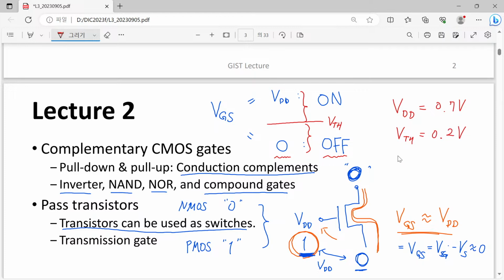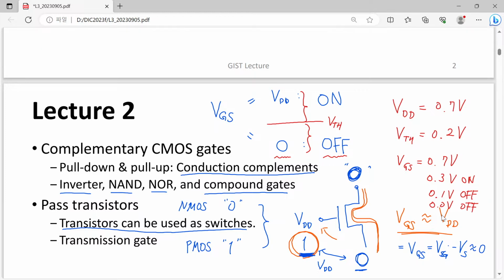Simply speaking, when you have VGS equal to 0.7, your transistor is turned on, and even when you have 0.3 volt, you still have a turned on transistor. However, if you have 0.1 volt as a VGS value, then your transistor is turned off. Of course, at 0.0, there is no way to turn on our transistor. Okay, so are you with me? Okay.